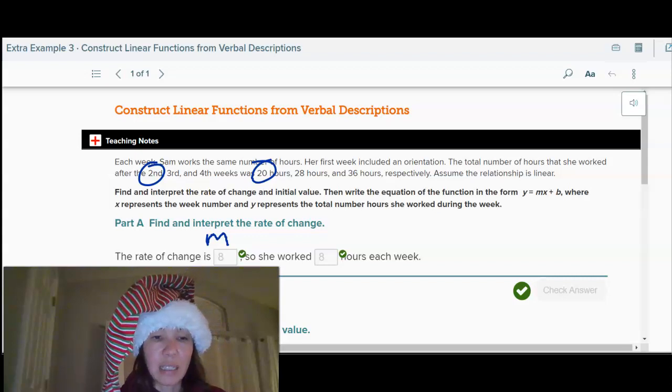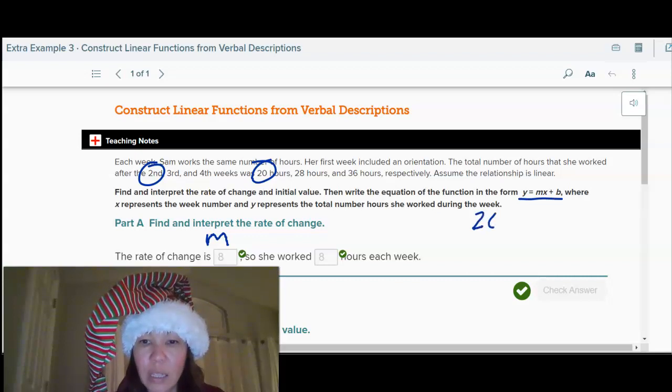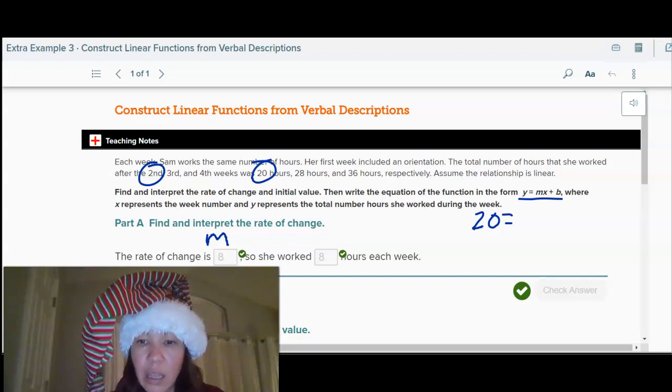After the second week she worked 20 hours. So in this equation, we could say that y is 20, because y is the total number of hours, and x is the number of weeks. So 20 hours after 2 weeks, and the slope was 8.